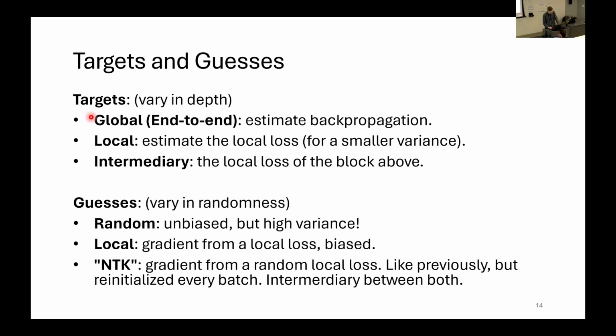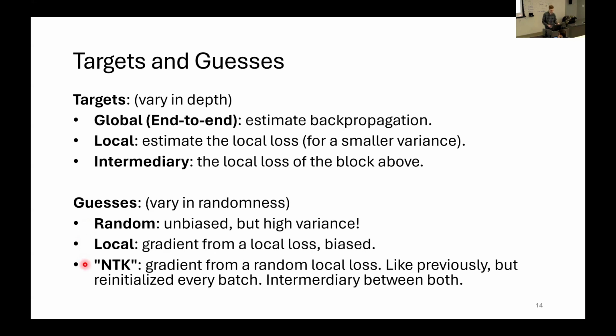For the guesses, they vary more in randomness. Generally for our gradient, you have a random direction, a random perturbation, which gives an unbiased estimate, but with very high variance. We have a local guess, which uses a local loss to get a gradient. And we have an intermediate, which we call LTK, which is maybe a bit abusive, which is a gradient from a random local loss.